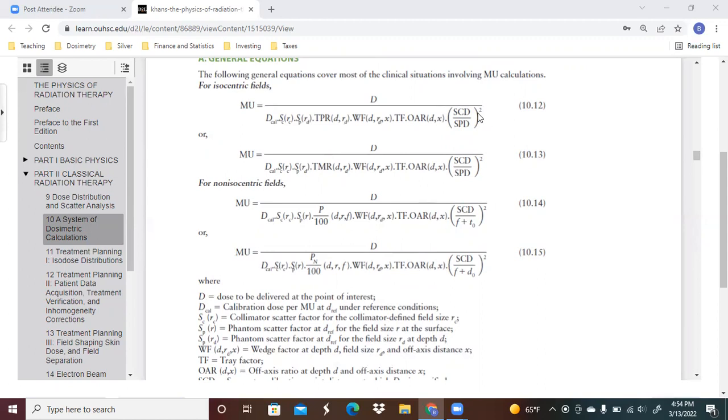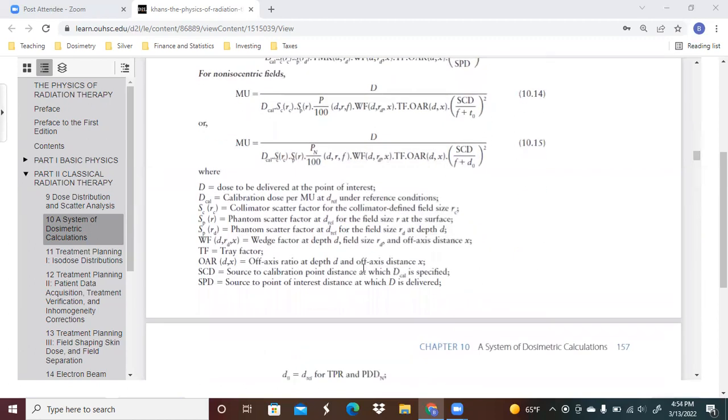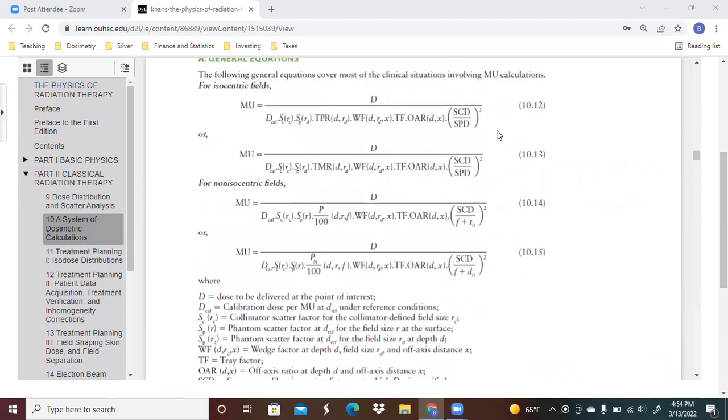And then finally here, we've got source to calibration point distance, at which D sub cal is specified, or source to point of interest distance at which D is delivered.